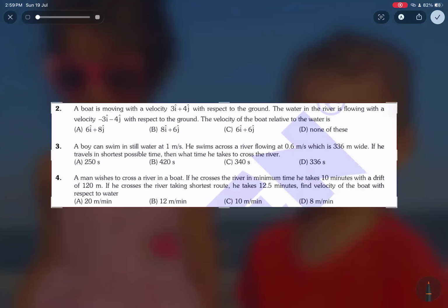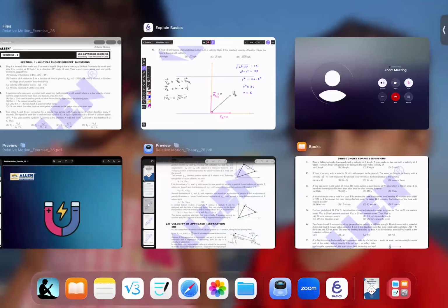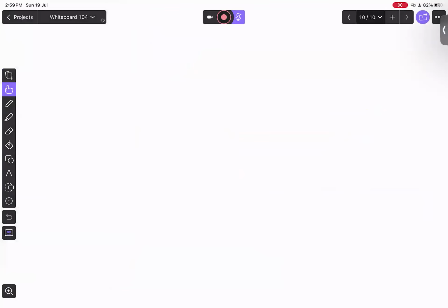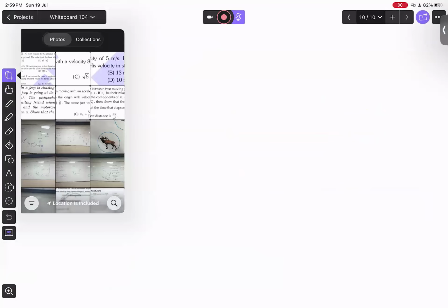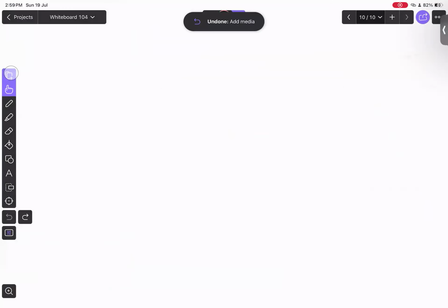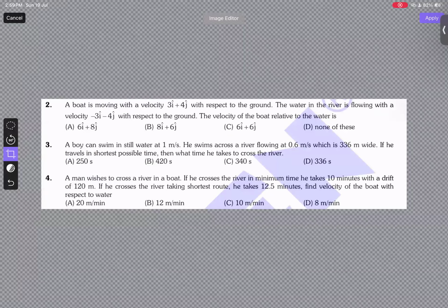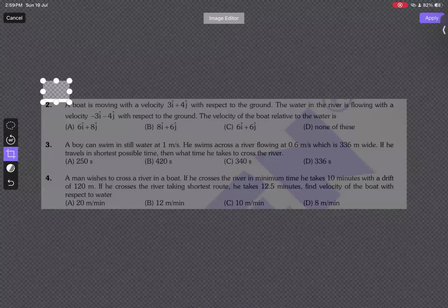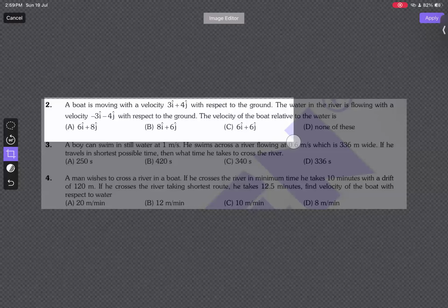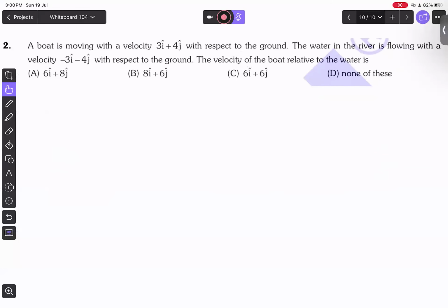You have the module with you also, no? Exercise 1, question number 2.